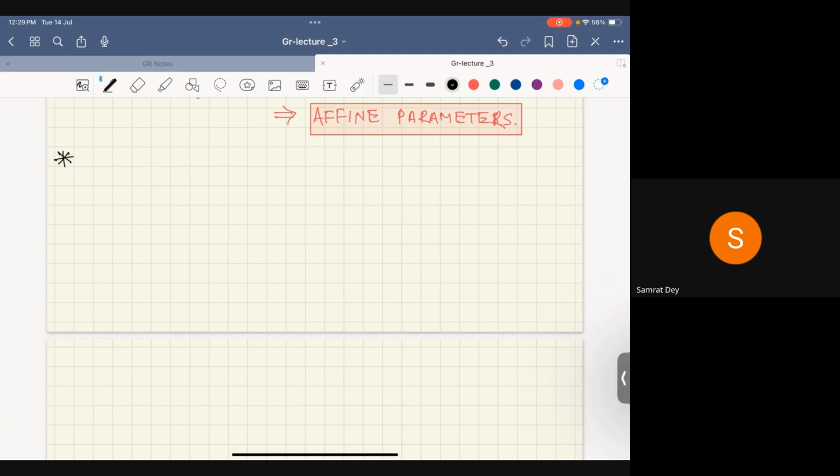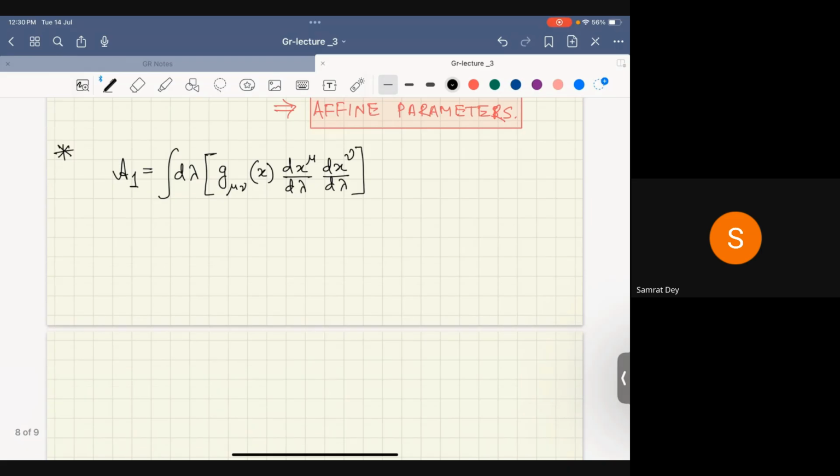For example, let us start with another type of action. Instead of starting with the tau, let us start with lambda, and let us write it in this manner. Note that there is no to the power half or square root of this thing.